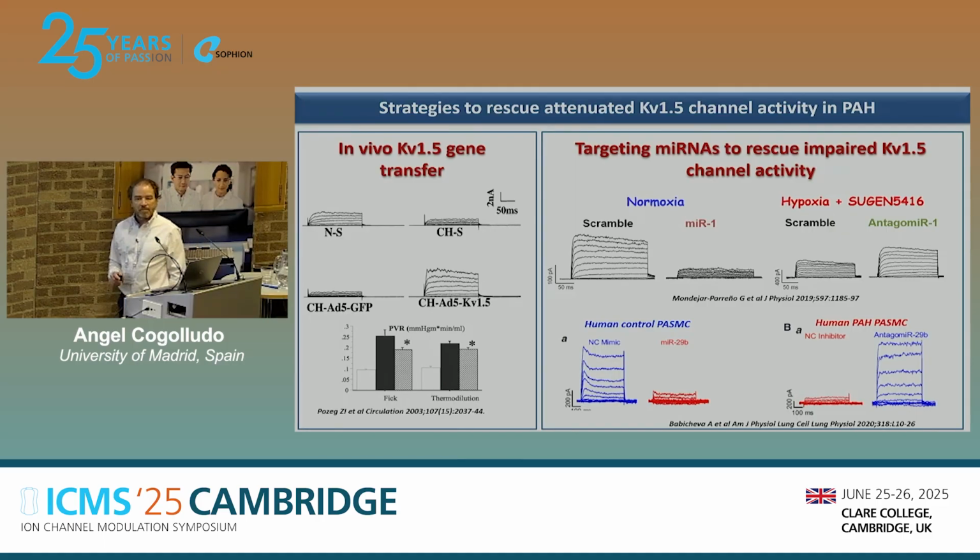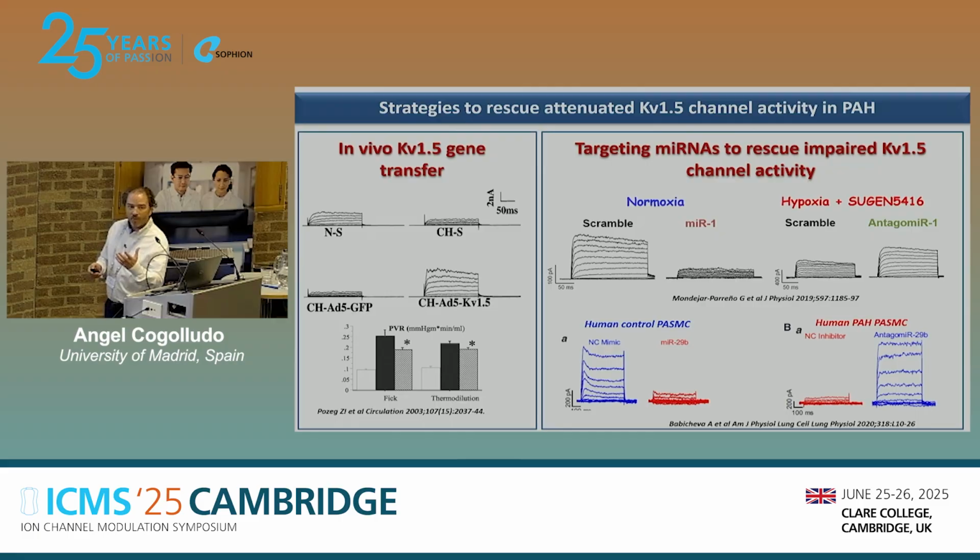They found that miR-29b inhibits Kv1.5 channel activity in cultured human pulmonary artery smooth muscle cells, and more importantly, was able to restore the affected channel activity in human pulmonary artery smooth muscle cells from PAH patients. But of course, this will take some time to translate into the clinic.